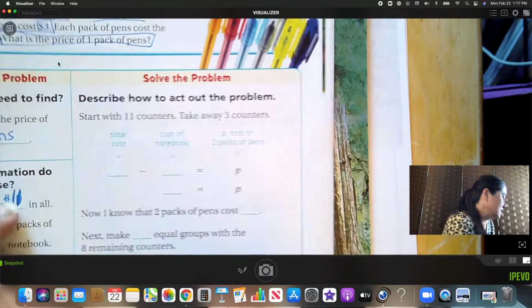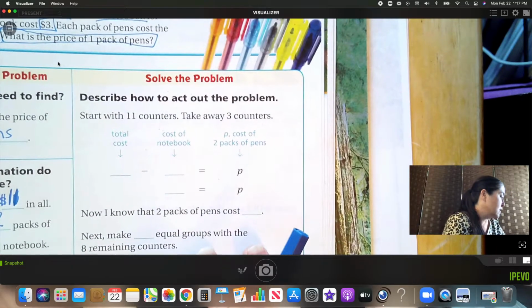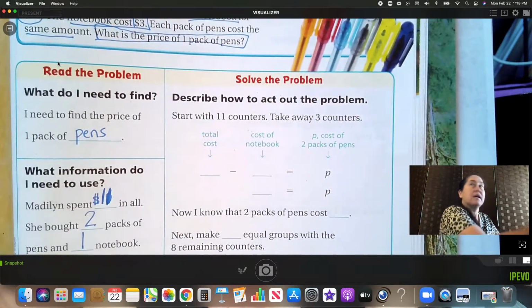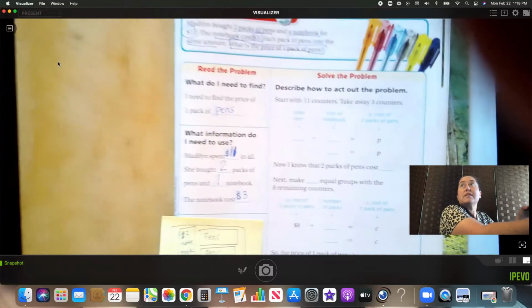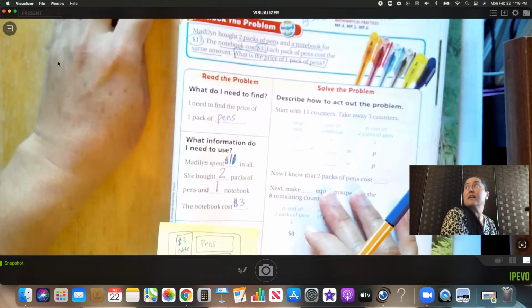So let's see. We're going to start with 11 counters because we're starting with $11, right? So here, I'm going to make this a little bigger. Zoom up so I can have some workspace on the side.